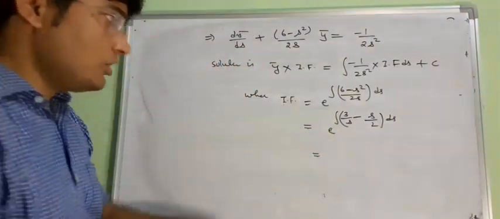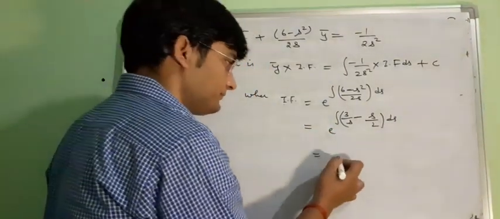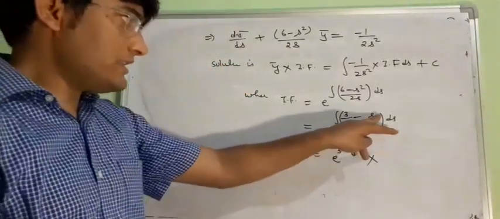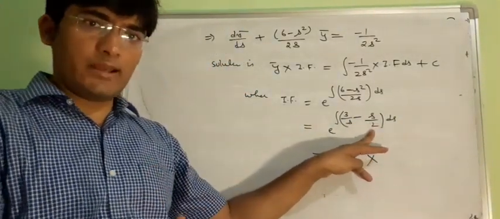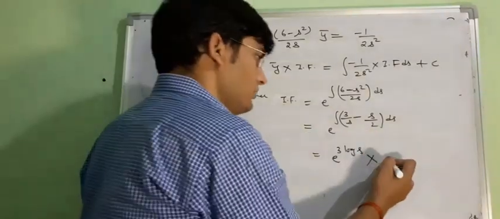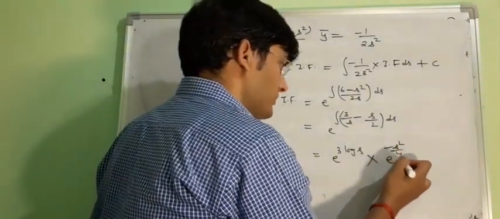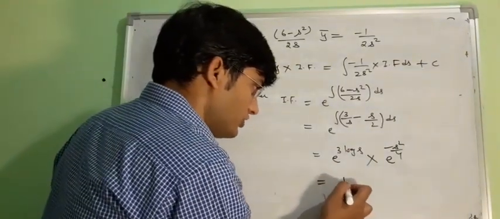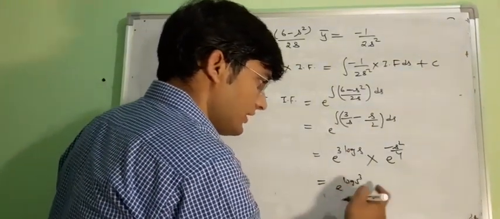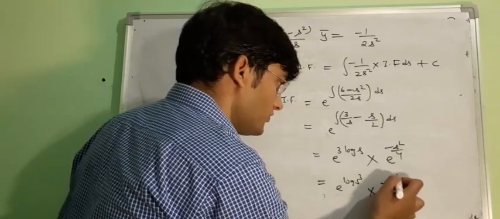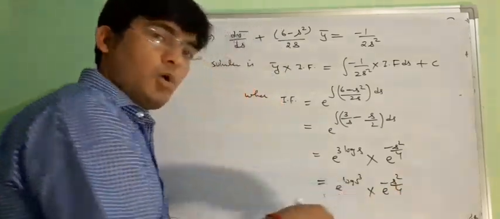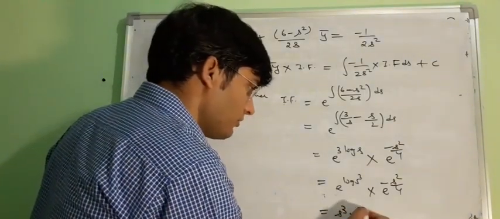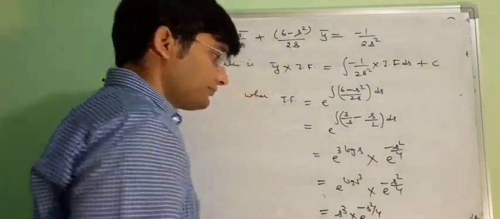The integration of 3 upon s will be 3 log s, and the integration of s upon 2 will be s square by 4. Here we have separated these terms because this can be written as e to power log s cube into e to power minus s square upon 4. As we know that e to power log x is the same as x, so this will be s cube into e to power minus s square by 4.